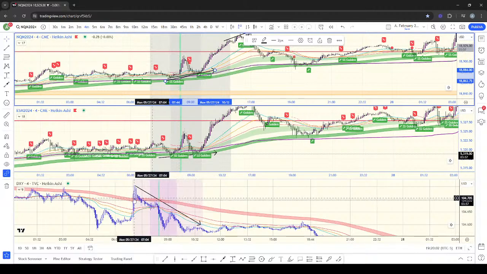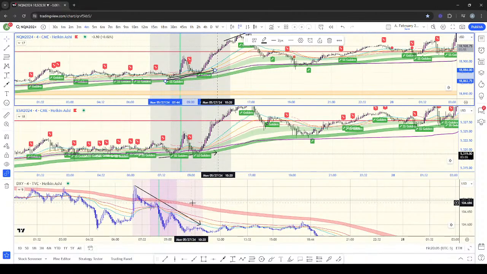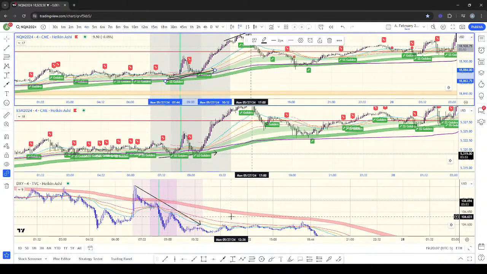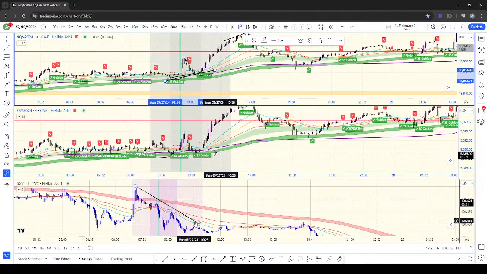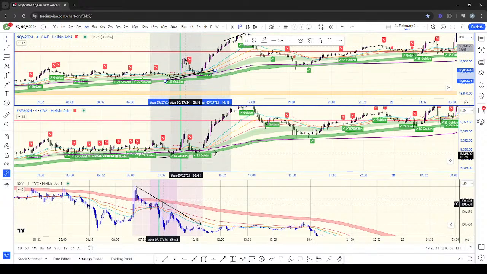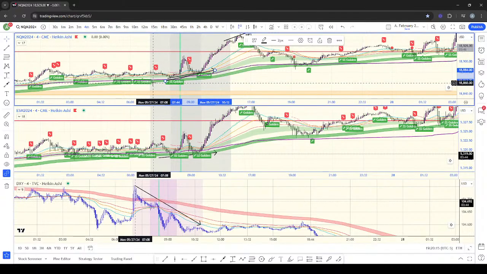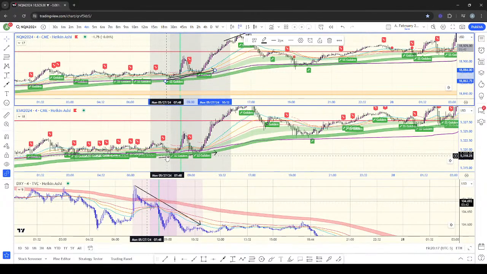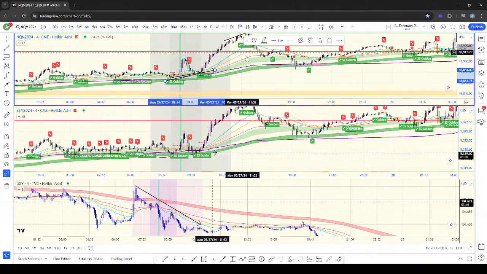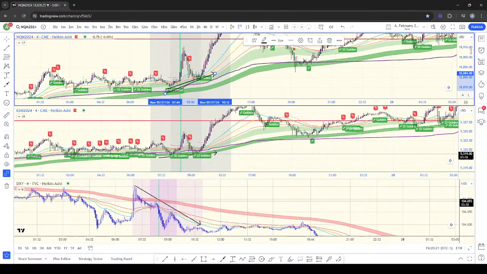So here we have a nice red 200 EMA cloud, just letting us know that we are in a downtrend. And then on ES and NQ, we've got a really nice green cloud letting us know that price is pushing up. And as we saw a little while ago, we've got beautiful sequence trades in here too.